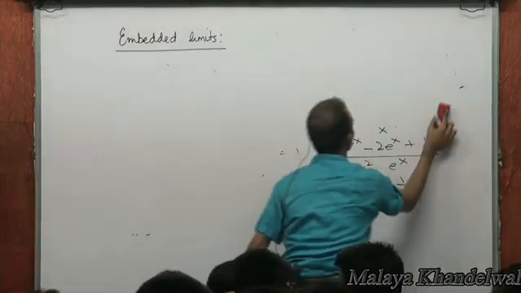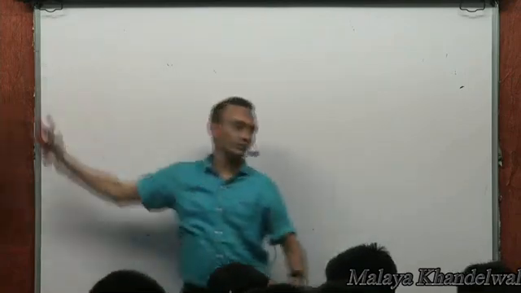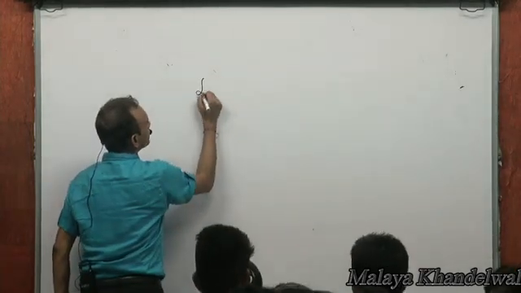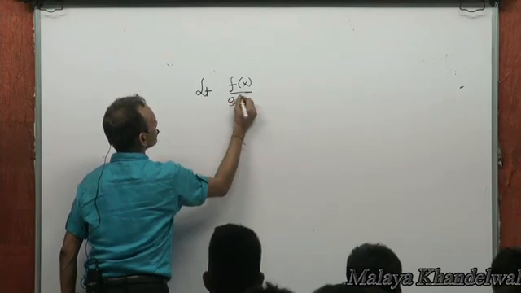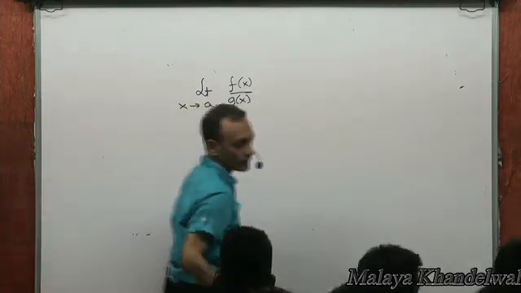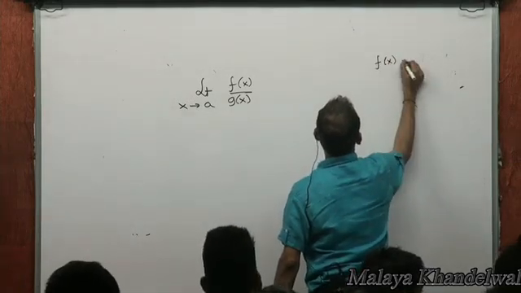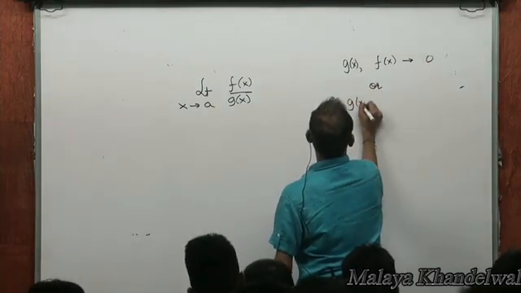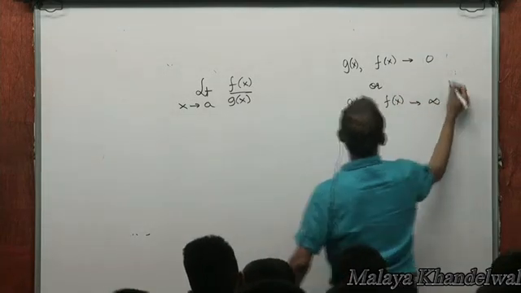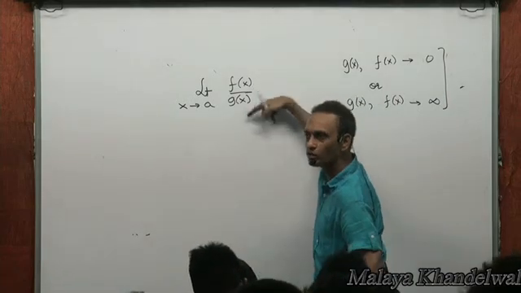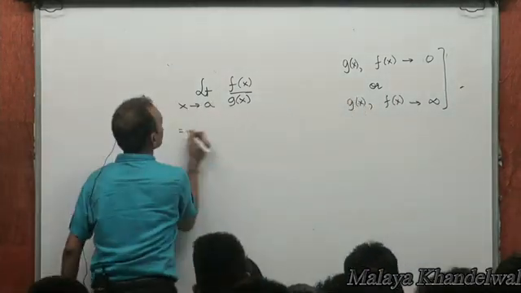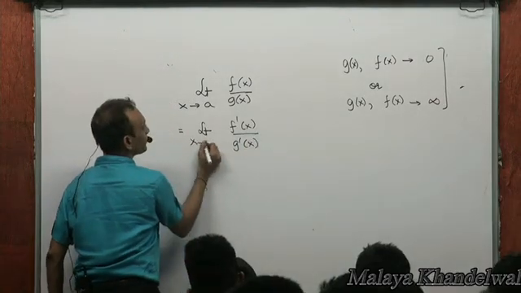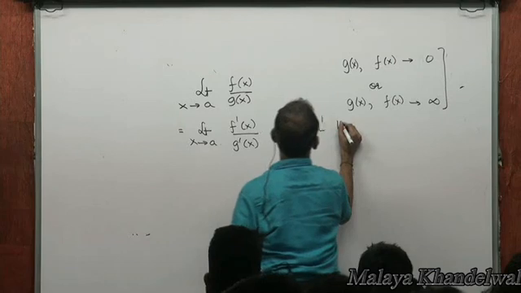See, limit fx by gx as x tends to a, if fx and gx either both tend to 0 or both tend to infinity, that means it's of the form 0 by 0 or infinity by infinity, then this limit can be written as limit f dash x by g dash x as x tends to a. This is called L'Hopital's rule.